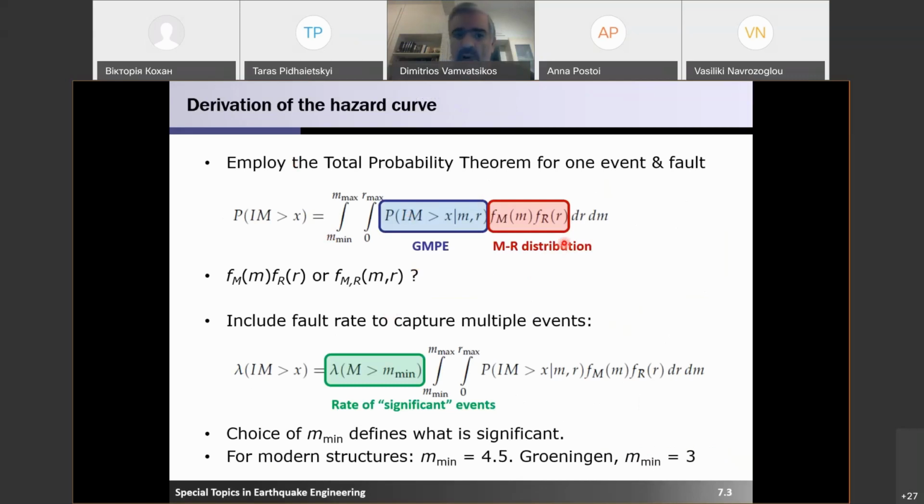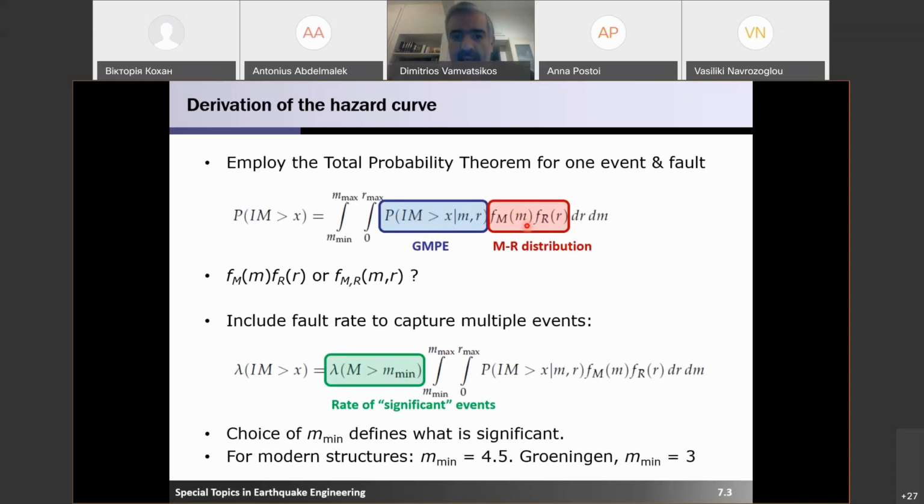So if we're talking one fault and one event, just one earthquake, you can employ the total probability theorem and say that the probability of exceeding any intensity of interest is just a double integral over all possible magnitudes, all possible distances that can happen. This is the GMP part, the probability of the IM exceeding any value of interest. And this is your magnitude distance distribution.